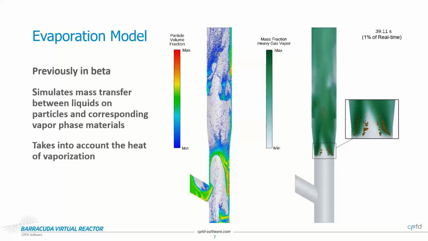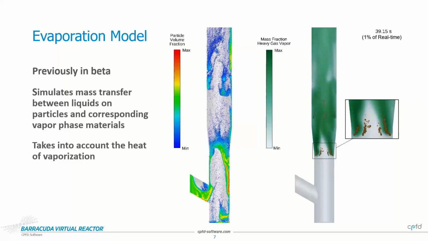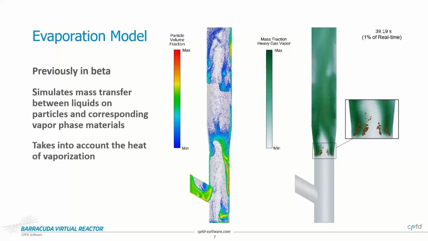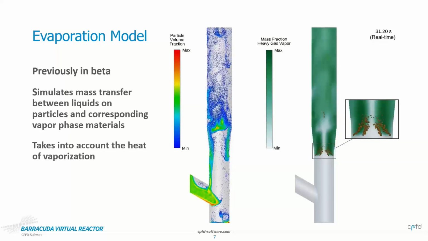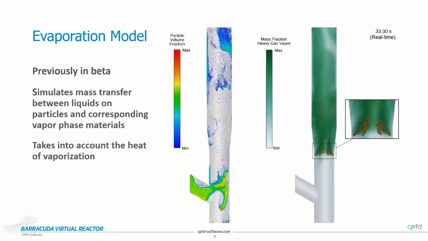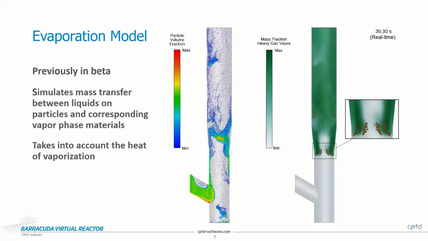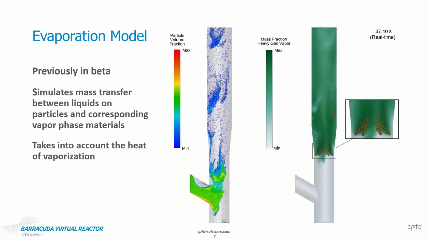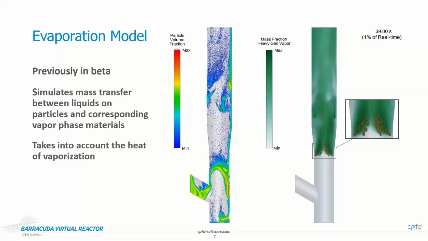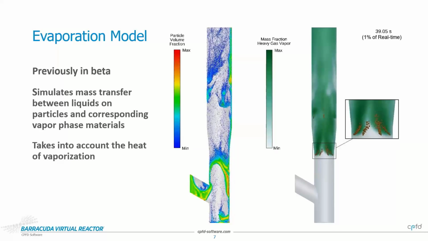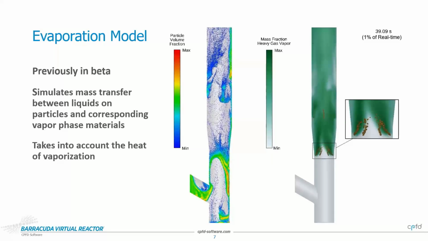To set the stage for the addition of three-phase system modeling in Virtual Reactor, we began by bringing the Evaporation Model out of beta and adding a new phase of liquid/vapor. The new phase allows for realistic modeling of evaporation between the phases as it simulates mass transfer between liquids on particles and corresponding vapor phase materials, and it takes into account the heat of vaporization.